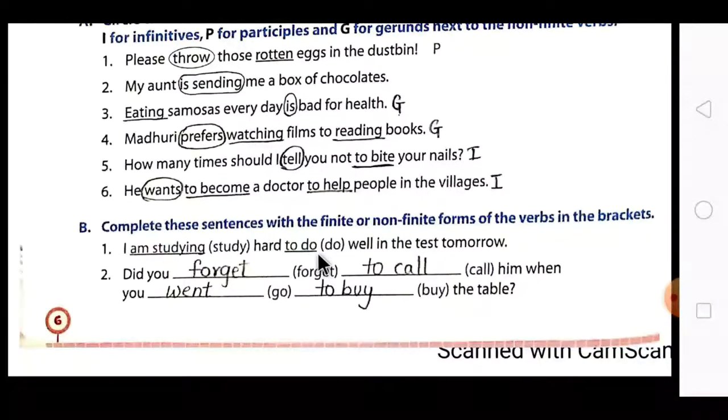The first one has already been done for you. I am studying, the word study is given in the bracket, it will become am studying hard, and in the bracket do is given, it will change to do well in the test tomorrow.